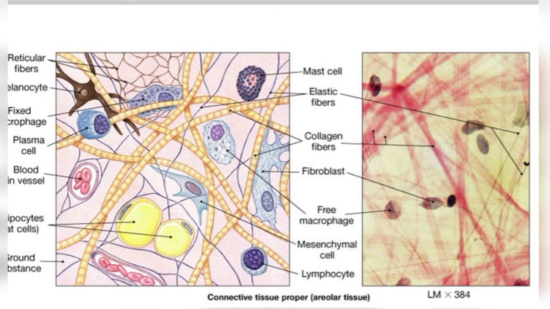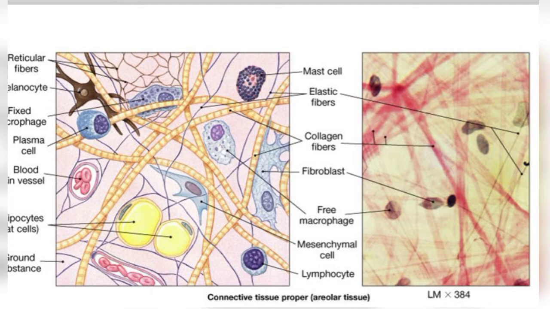The main function is that it supports internal organs and also helps in the repair of tissues, either after physical damage or any kind of particular activity. If our tissues are damaged, areolar tissue helps in their repair.